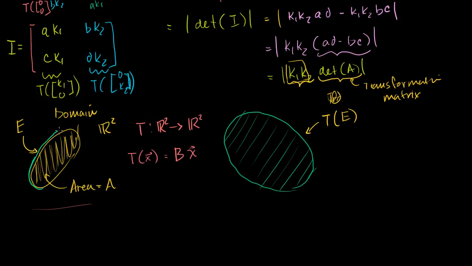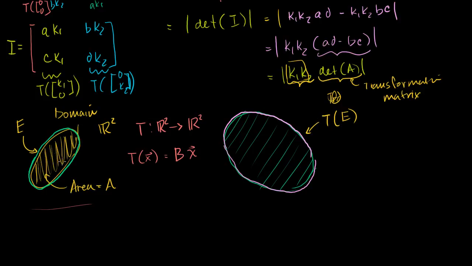But it also applies if you were to fill up the whole region. So this boundary gets mapped to this boundary right here. Since I'm not proving it very rigorously, you would have to accept it as a leap of faith. So this is the image of this boundary under our transformation.